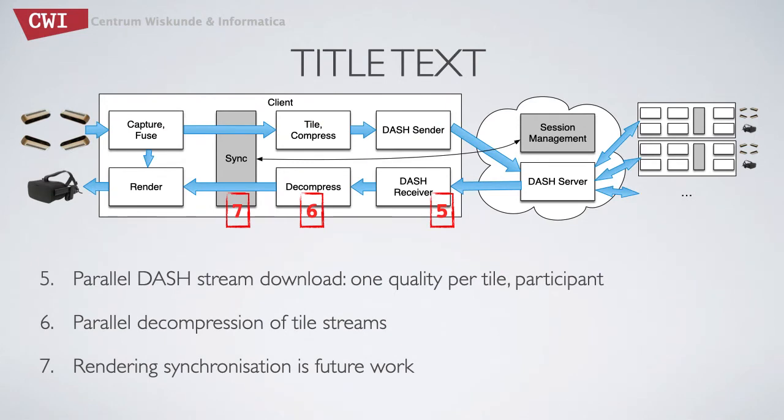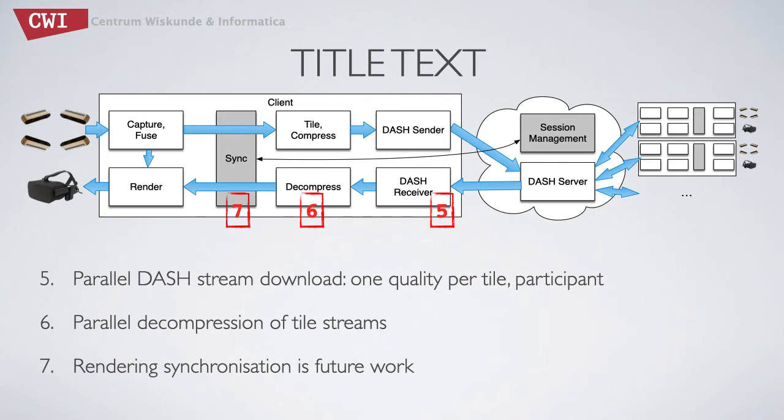On the receiving side, we only receive the dash streams that we are interested in. So given the previous example of 12 potential dash streams, we would have only 4 dash receivers, 1 per tile for the required quality level, and it would receive the dash stream from the central server.